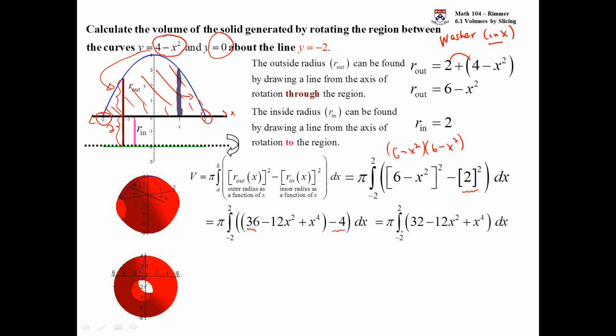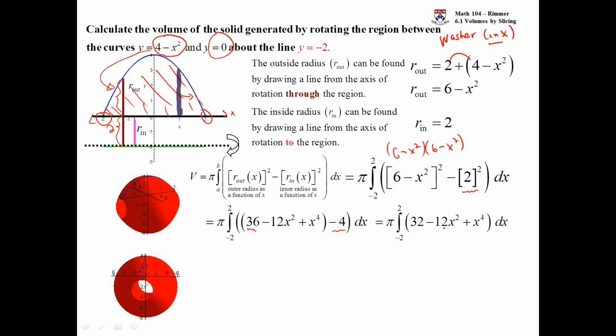Be on the lookout for whenever you integrate from minus a to a: check the function that you're integrating to see if it's even or odd. You can simplify things then. A polynomial is even if all the powers are even, and perhaps there's a constant term or not. So this is an even polynomial. If you were to graph it, whatever would be on the left hand side of the y-axis would also be on the right hand side.